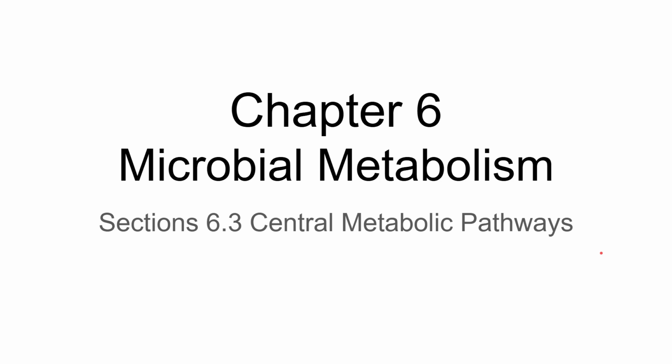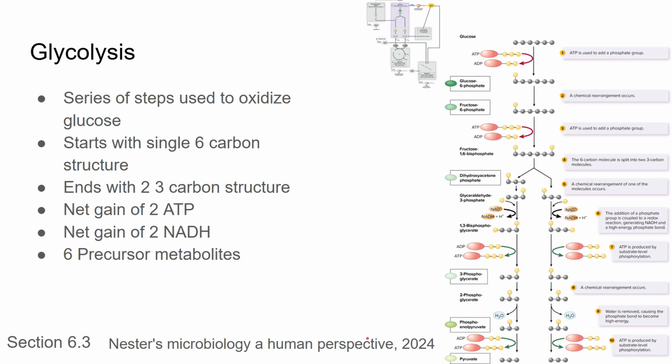Okay, next we're going to look more at the central metabolic pathways. So glycolysis is going to be one of those big ones that you hear about. So this is just a series of steps used to break down glucose. We're going to start up here with a single 6-carbon structure. So each of those gray balls represents a carbon.